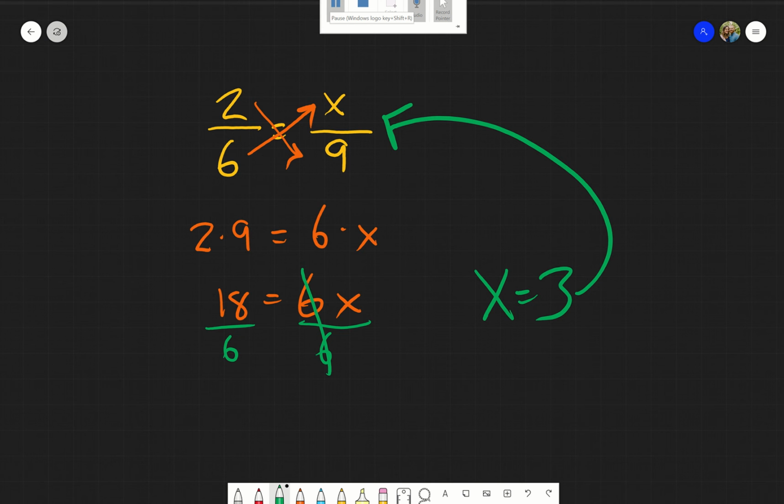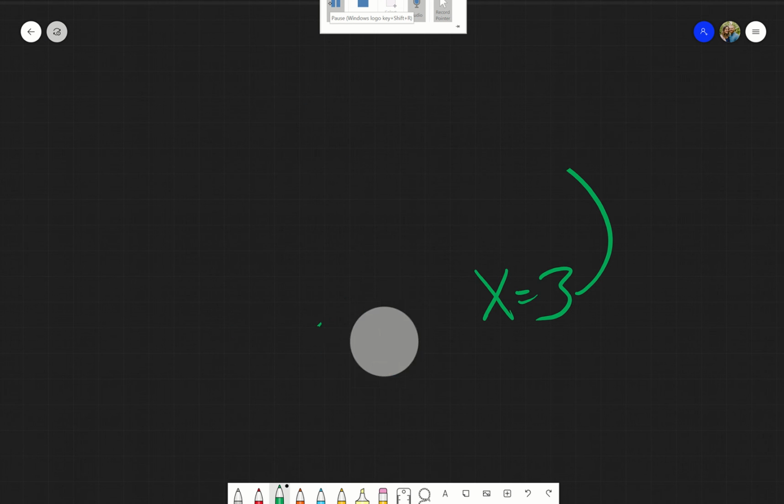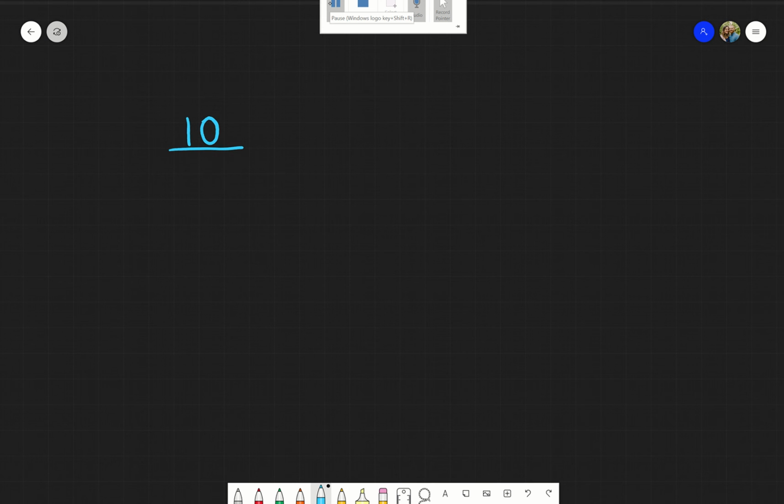What if I had something like 10 eighths equals some amount of thirds?